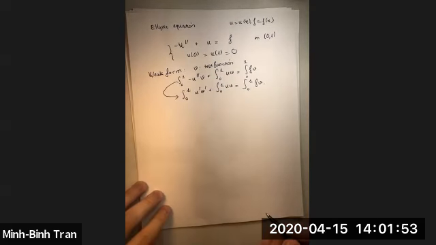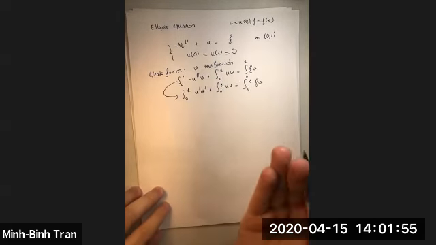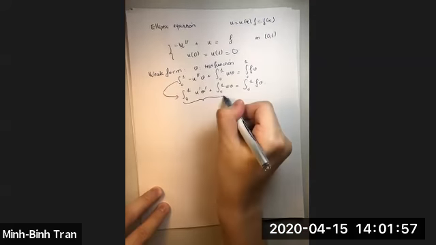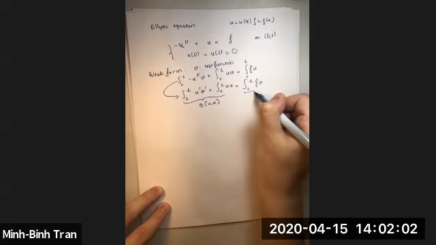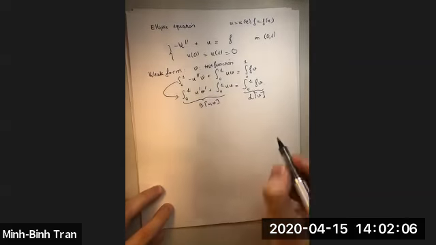Now from this form, this will be b(u, v), and this will be l(v), right? In the Lax-Milgram theorem.